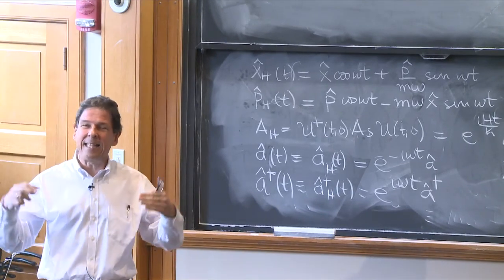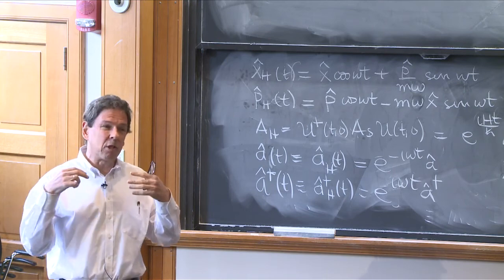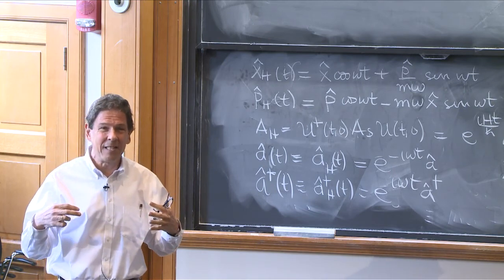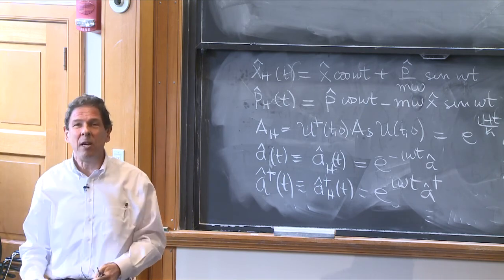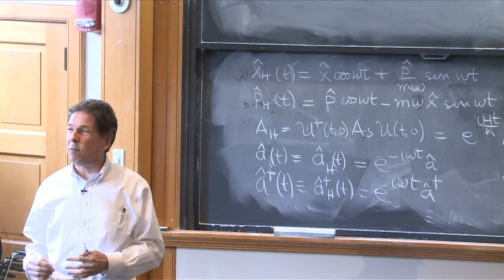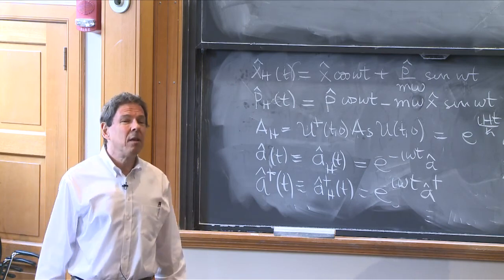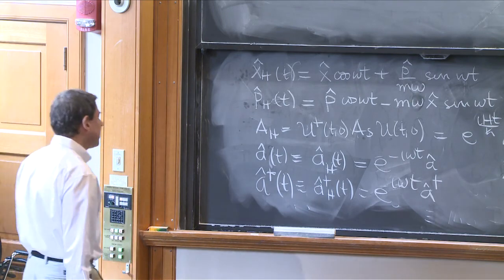So the A and the A dagger operators also can be thought of as Schrödinger operators that have no time dependence. And suddenly, if you go to the Heisenberg picture, the creation and annihilation operators become time-dependent operators. So that's in the notes. You can read about it.